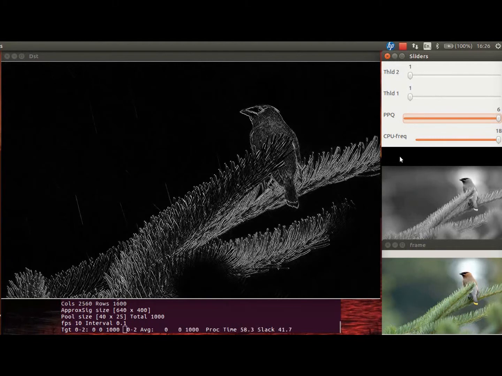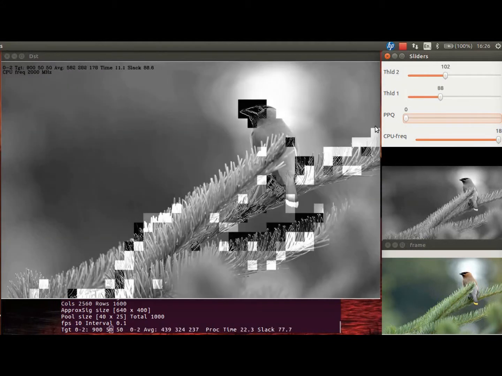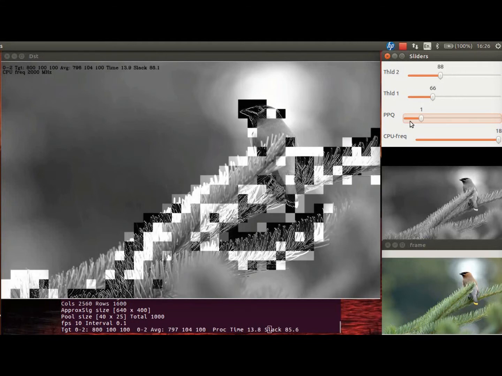When we now look at the adaptive processing, we can easily tell that there is the Sobel filter, the 5x5, applied to the bird's beak, and the 3x3s to these other areas around, with an occasional smattering of 5x5. So now we have a sort of dynamic process where you can change the PPQ level and change the amount of processing.